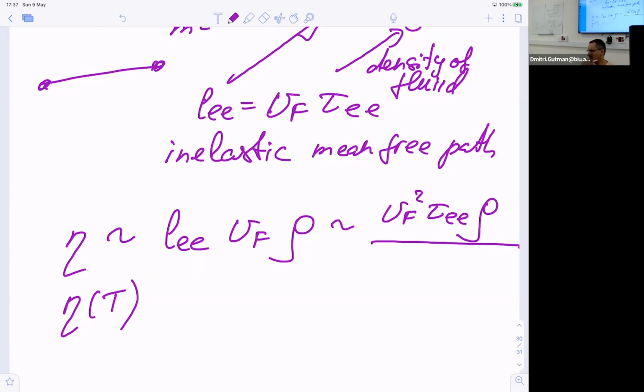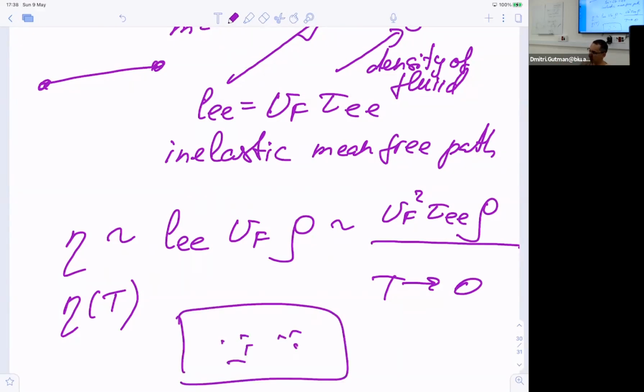Sort of. So let's discuss the low temperature limit. What happens when T approaches 0? What happens with these things when temperature approaches 0? So I have electronic fluid in the box. I have a big box full of electrons.